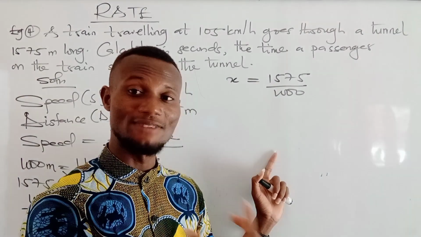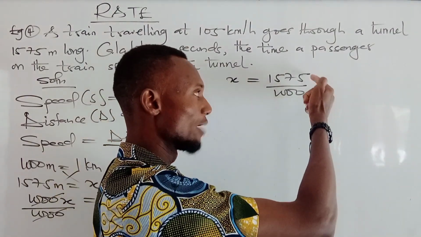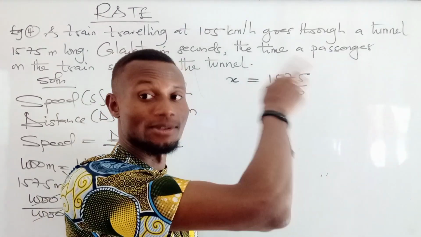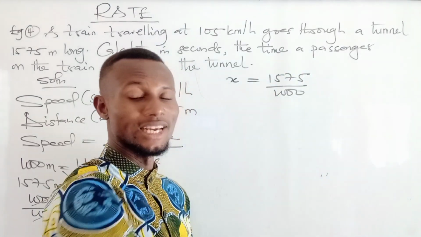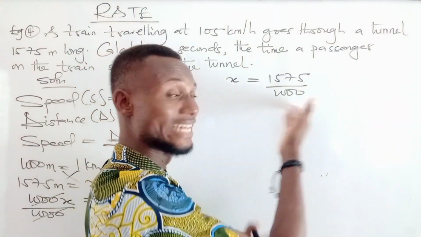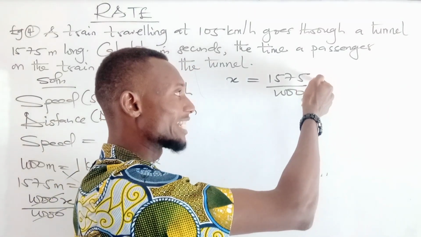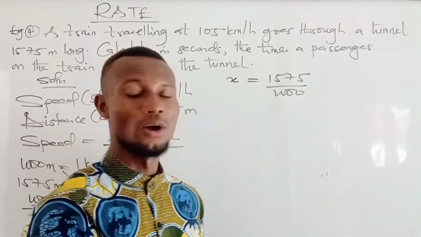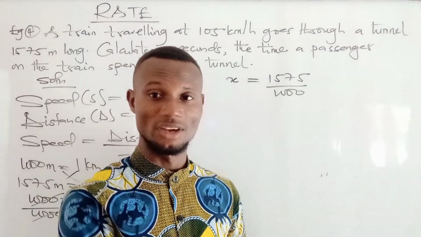If it's divided by 100, you move 2 steps forward because it's 2 zeros, then bring your point. If it's divided by 1,000, as in this case, we move 3 steps forward, then bring our point. That is how we leave the answer in decimal if you want to.